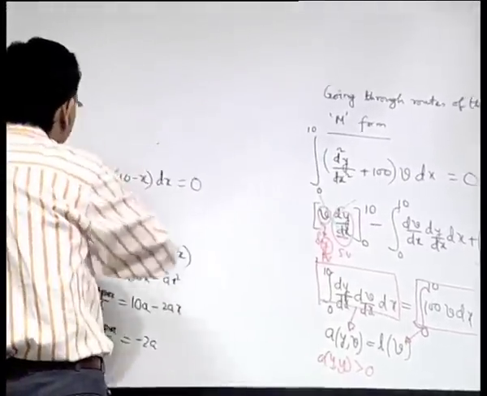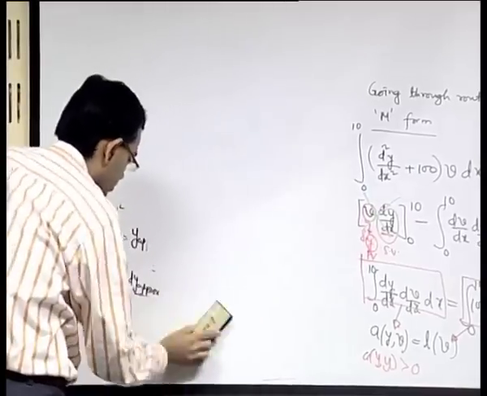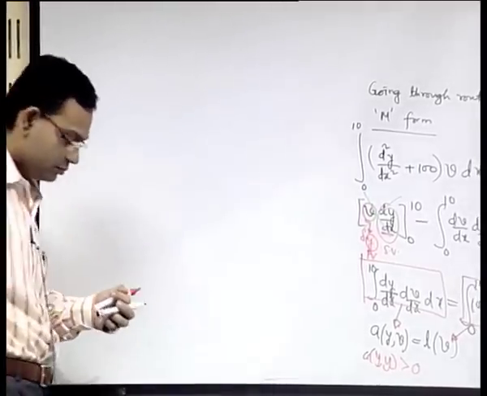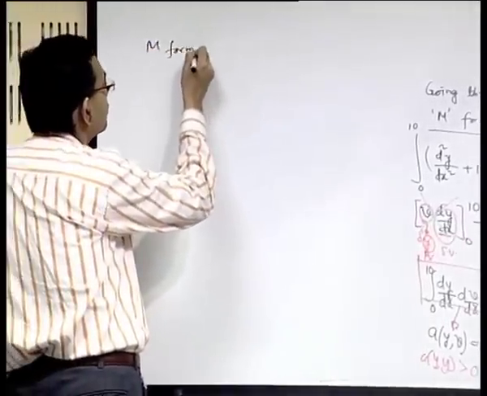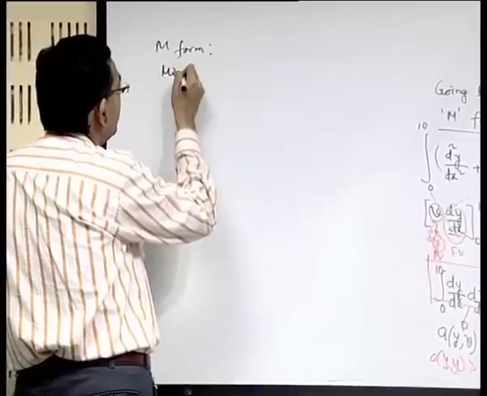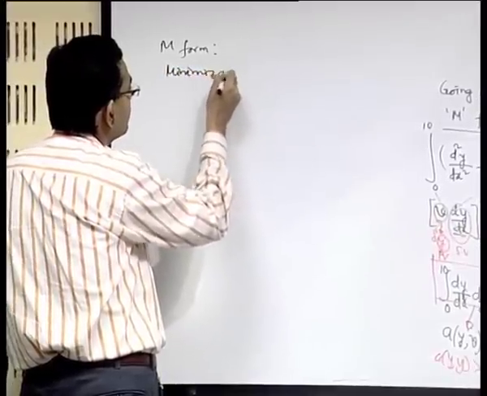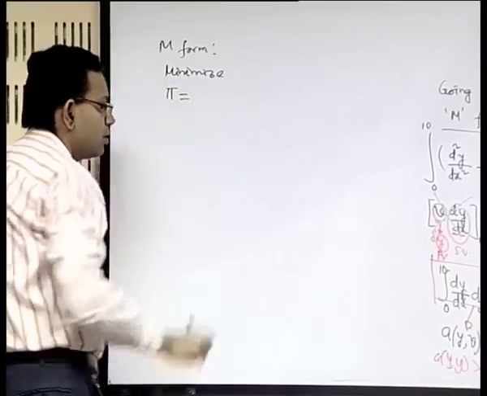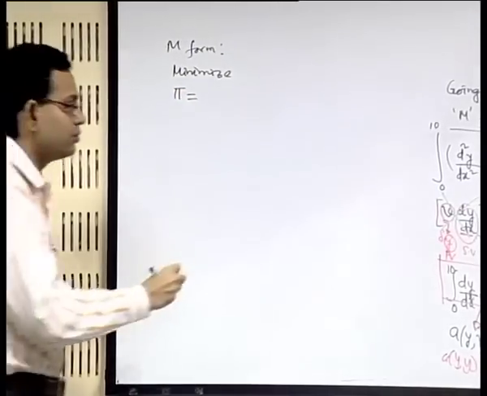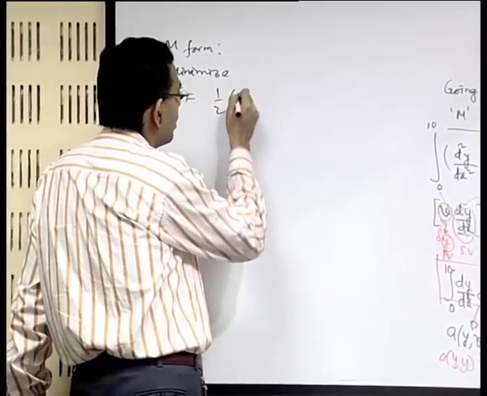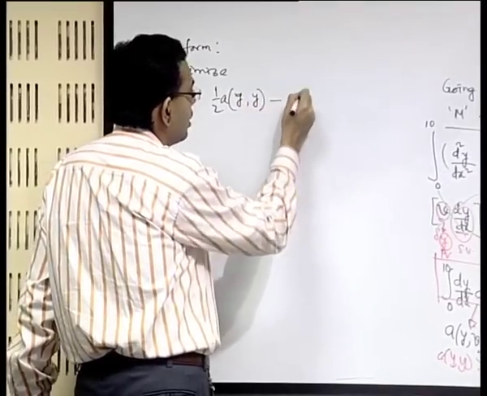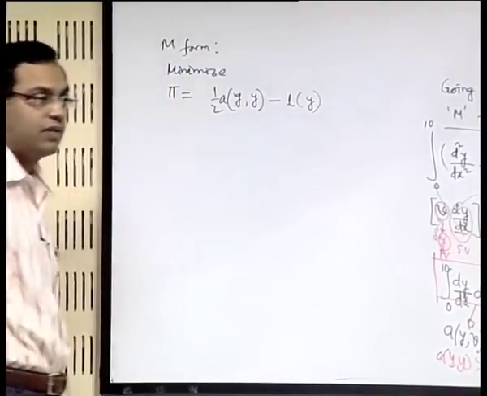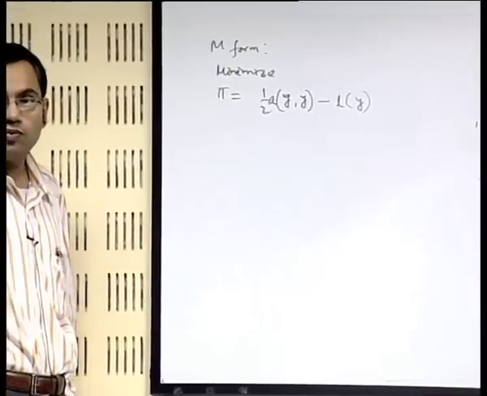So, what is the M form? Minimize pi equal to half A(y, y) minus L(y). We have derived it earlier in one of our previous lectures.